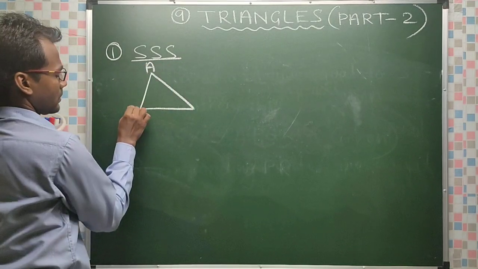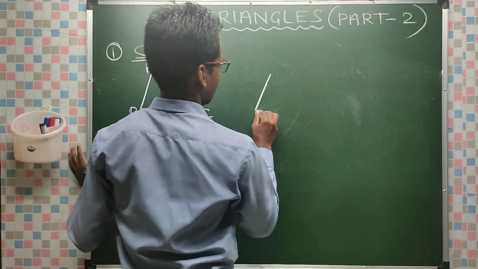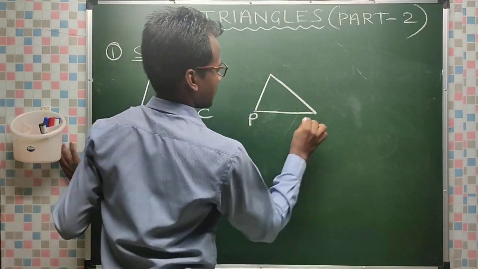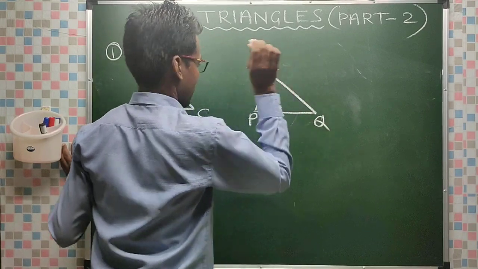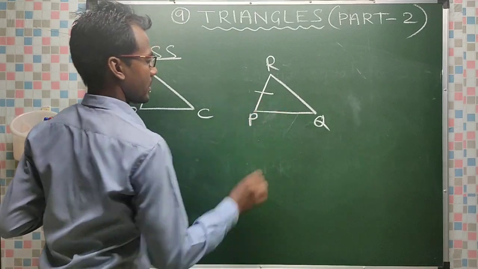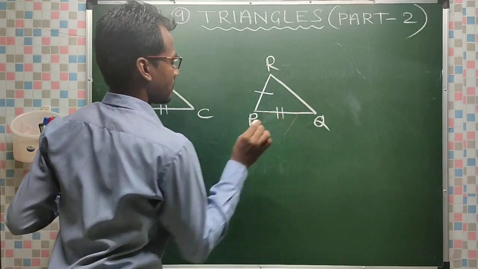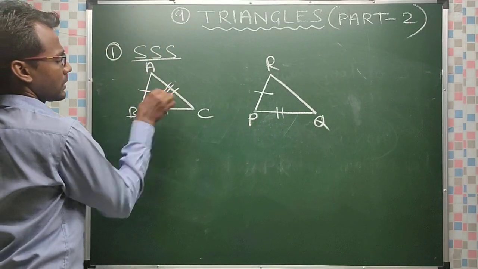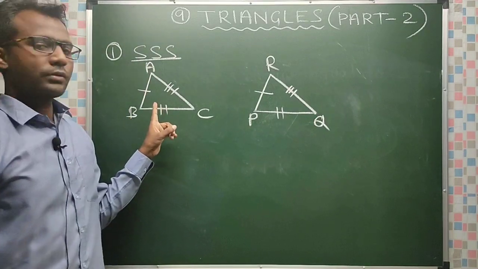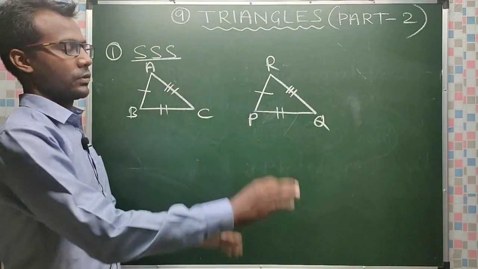Suppose this is A, this is B, this is C. Suppose this is P, this is Q, this is R. It is given that AB is equal to PR, BC is equal to PQ, and AC is equal to QR. So you can see three sides of triangle ABC are equal to three sides of triangle PQR. So these two triangles will be congruent.